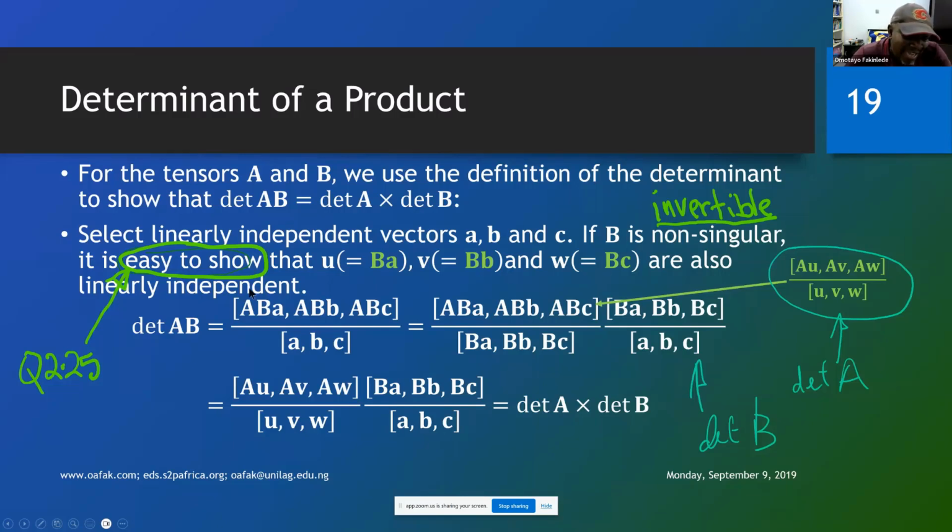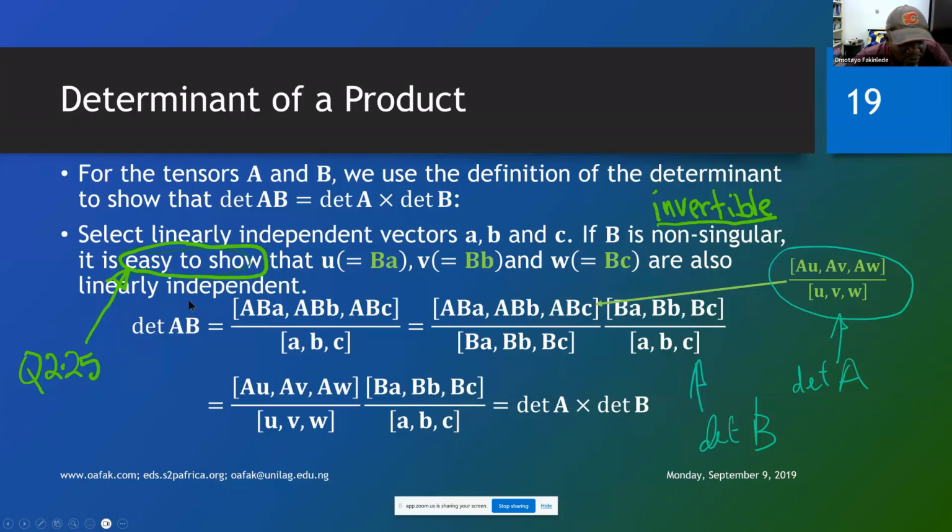In fact, that proof is in the book. It's in question 2.25. For proof, go to question 2.25 in the book. I don't want to spend time to do that here.